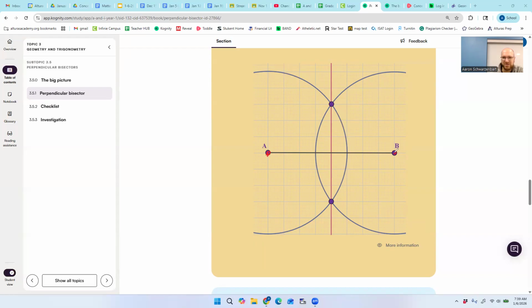Doesn't have to be the whole circle. Do the same thing at B. Don't adjust the size of your compass. The 2 points of intersection, when connected, make the perpendicular bisector. And that perpendicular bisector, like all lines, goes forever in both directions.